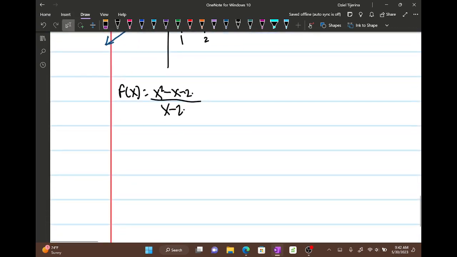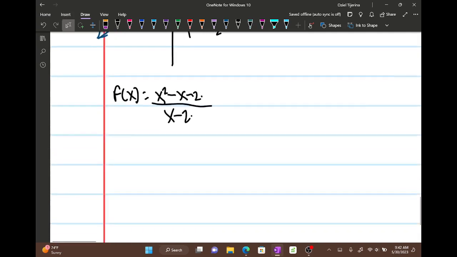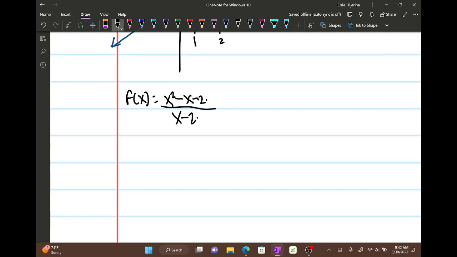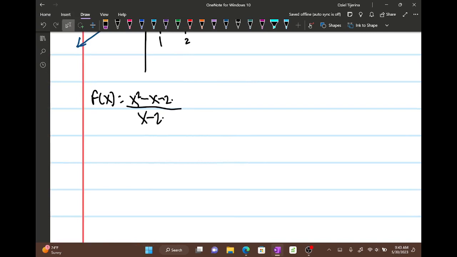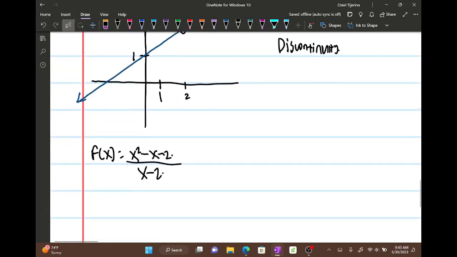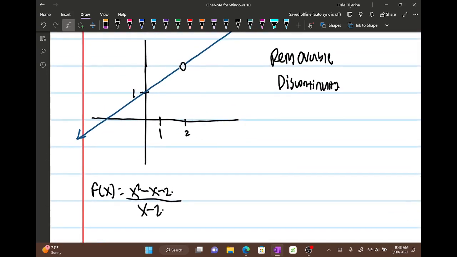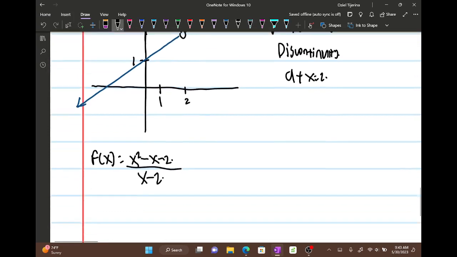Usually, algebraically, for example, this function here, f of x, has a removable discontinuity at x equals 2, because of the following reasons.